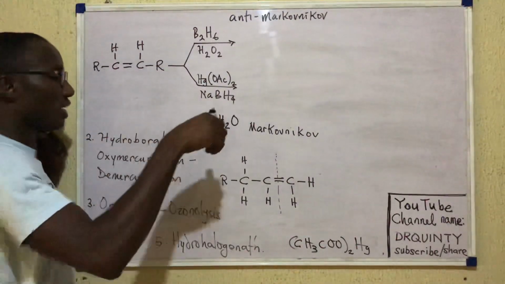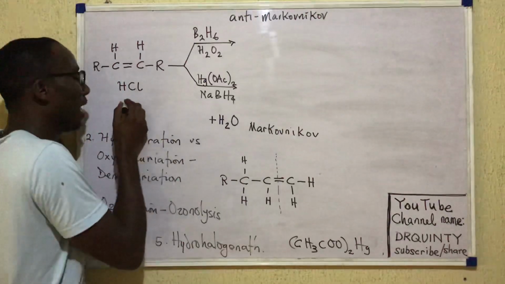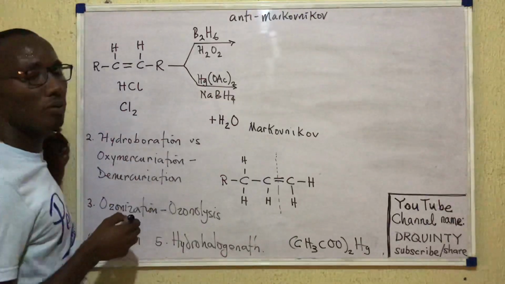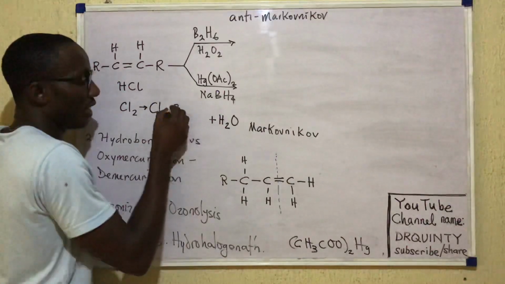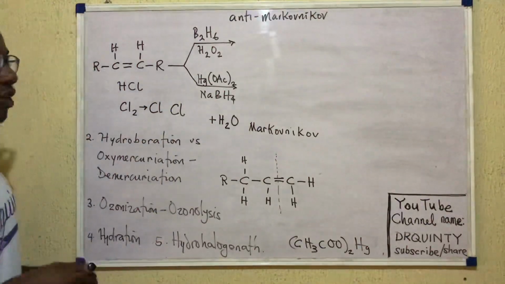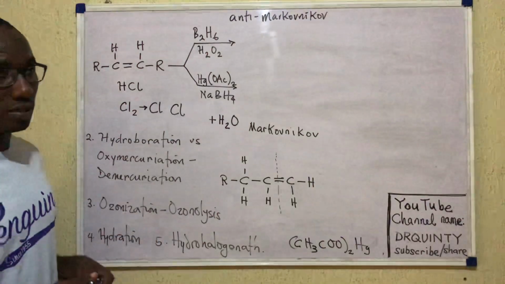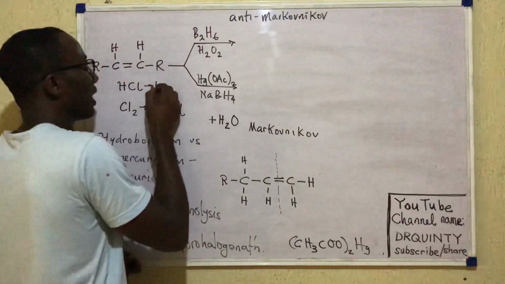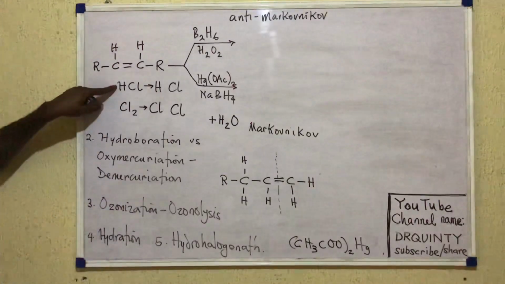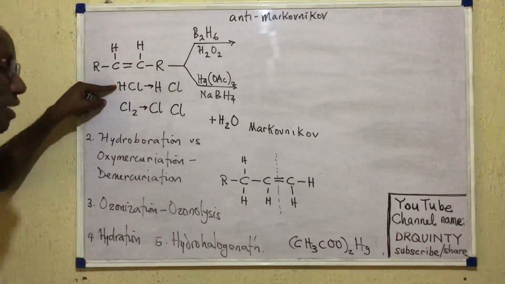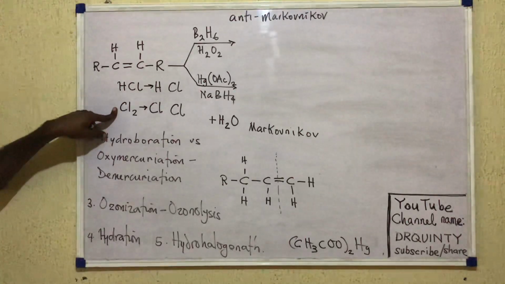Then for reagents, if you consider a reagent like HCl and a reagent like Cl2, if Cl2 were to split, it gives you Cl and Cl. Fine, one of them can be taken to be positive and the other negative, but the fact remains that they are both chlorines. Whereas in the upper case, what we get is H and Cl, two different things. So for a reagent like HCl, we say it is asymmetrical. Whereas for a reagent like Cl2, we say it is symmetrical.